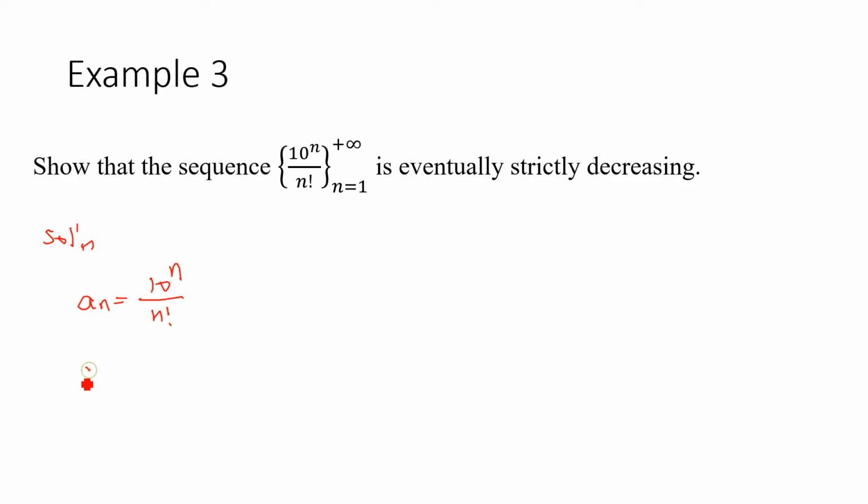And our a sub n plus 1, or the next term, would be 10 raised to n plus 1 all over the quantity n plus 1 factorial. If we are going to divide that, then you have a sub n plus 1 over a sub n.